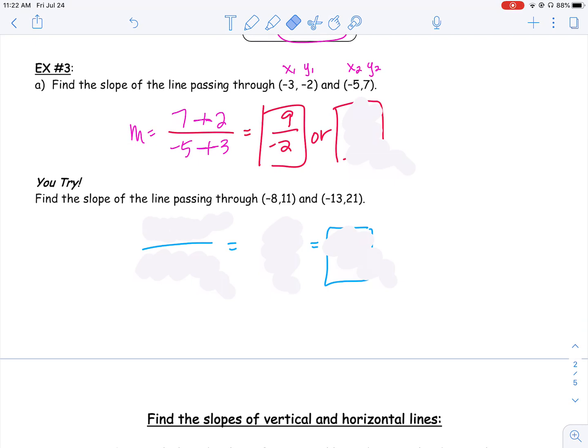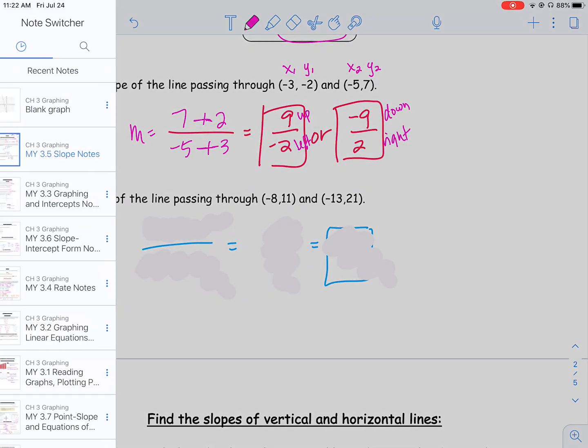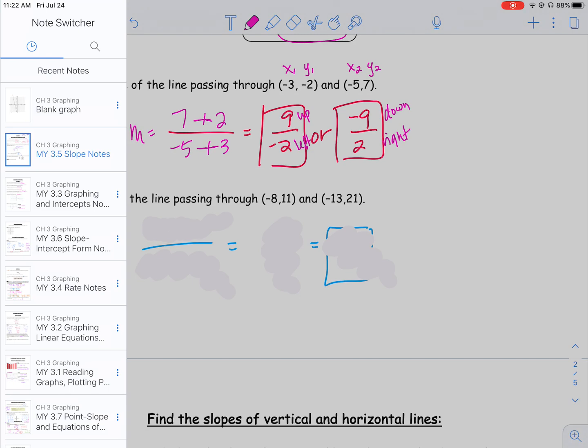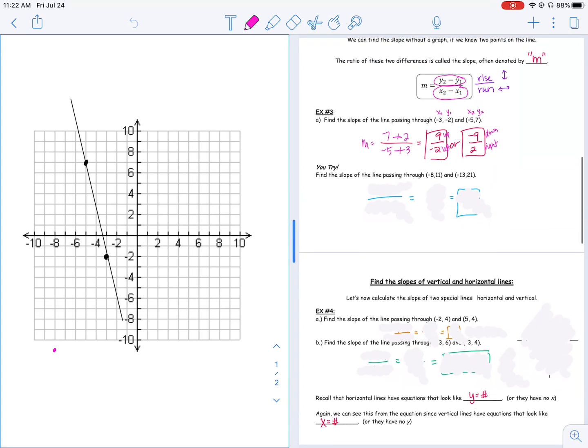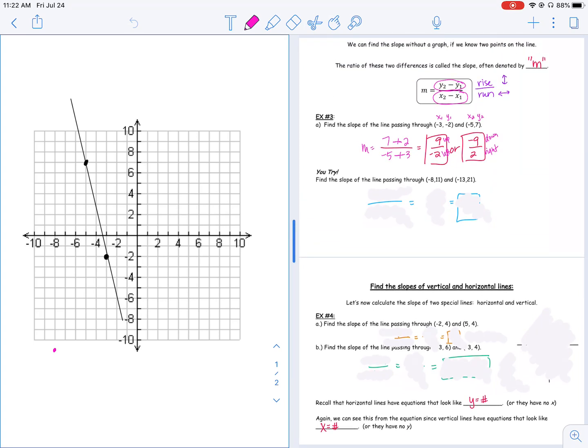Or we've seen in the past that we can take that negative and move it to the numerator, and it would mean the same thing, -9 over 2. We would actually graph that by going up 9 and left 2, or down 9 and right 2. Maybe visualizing it would help. So if I give you a blank graph, and I graph those 2 points, the -3, -2, and -5, 7.